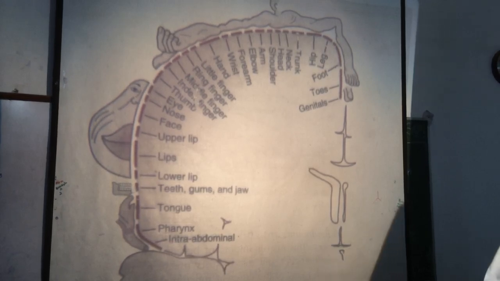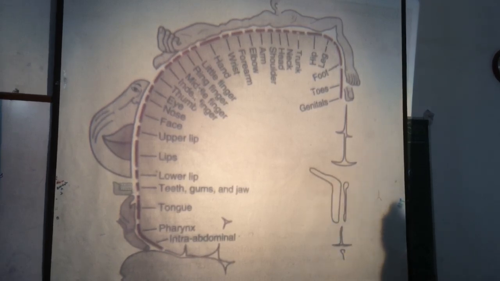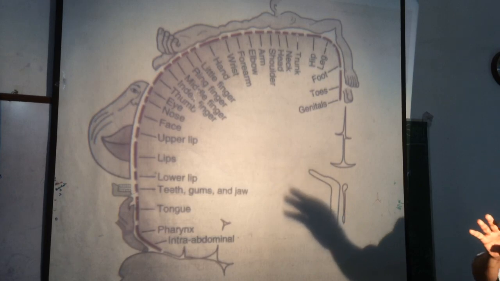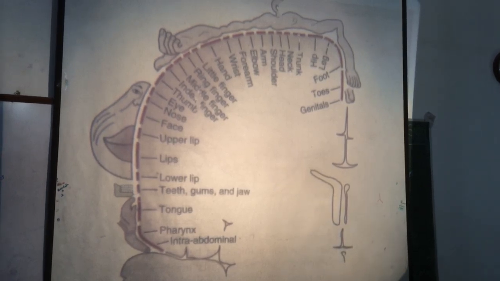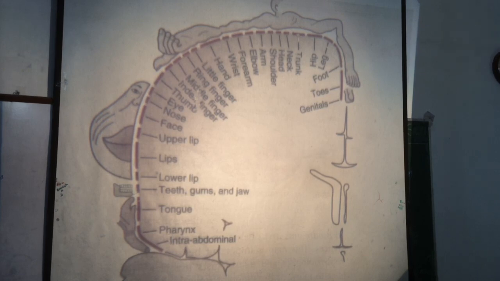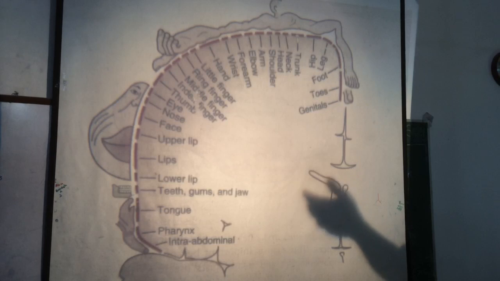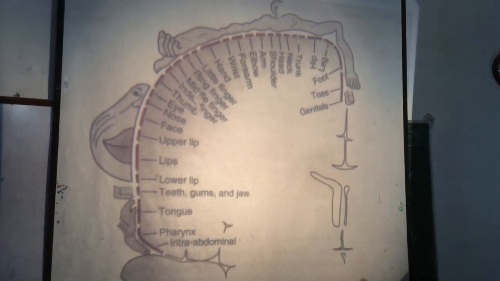Corticopontocerebellar fibers go from the primary motor area to the pons, and then to the cerebellum. And corticostriate fibers go from the motor area to the corpus striatum, the basal ganglia.